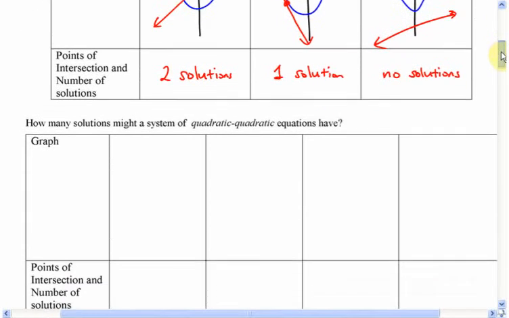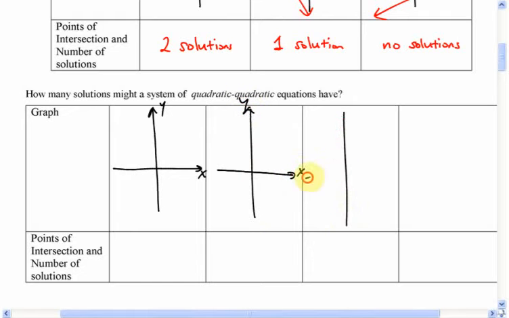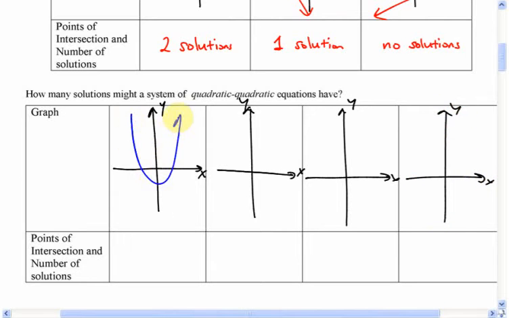You might be thinking, well, how about a system of what they call quadratic-quadratic equations? Okay, let's do the same. We'll draw the axes, and we'll draw the 4 different possible scenarios. First, quadratic.